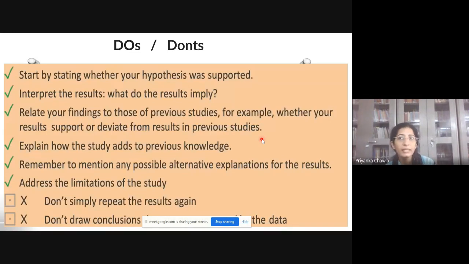In the end, as I told you, it should give the future scope. It should show how your study adds to previous knowledge, how your study is going to add value. So you have to mention that. Apart from this, you should show the limitations over there.